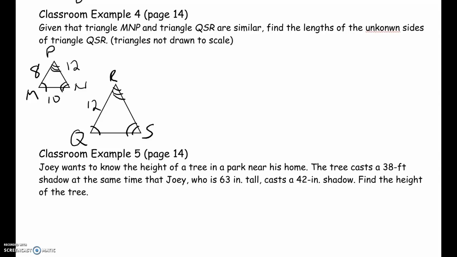Similar triangles have proportionate corresponding sides, so I can just write a proportion. I'm going to start with my small triangle to my large triangle using the corresponding sides. 8 is to 12, as 12 is to side RS.